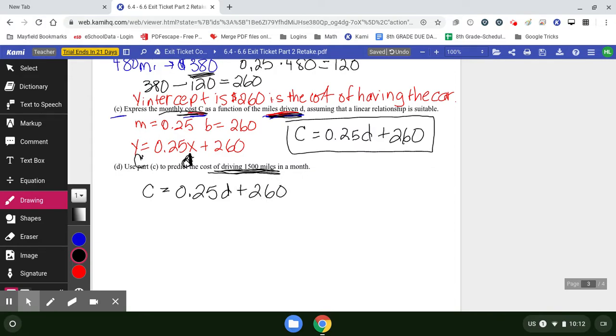What if I drive 1,500 miles? So what if D is equal to 1,500?